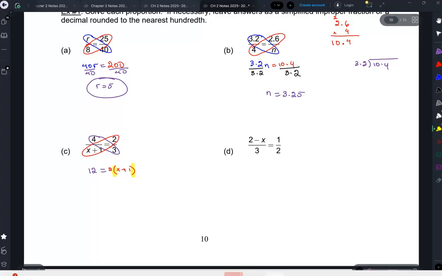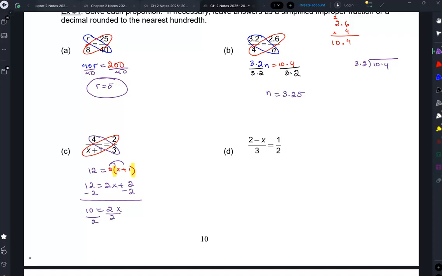Okay? So now what we want to do is distribute this, and then go ahead and solve this. I'm going to give you 10 seconds. Go. So 12 equals 2x plus 2. 10, I subtract 2, right? Draw the line each time and write it out. Divide by 2, divide by 2, x equals 5.